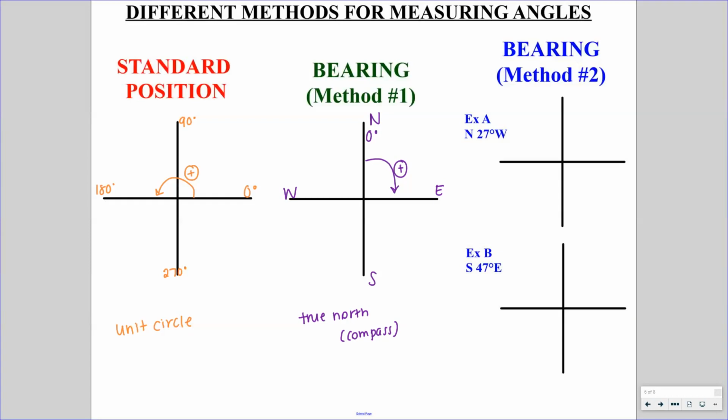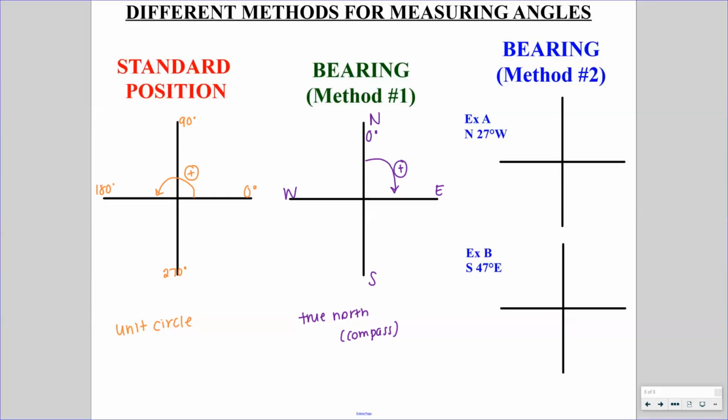We're going to move clockwise 40 degrees. So a bearing of 40 degrees might look like that. So totally different than what we've been learning with the unit circle. Our starting place is different, our direction is different, but really important to remember here.